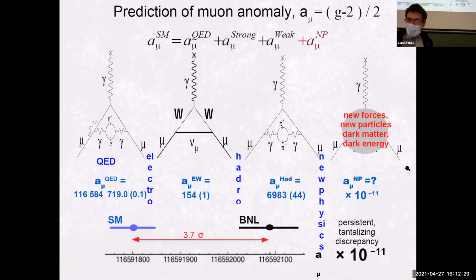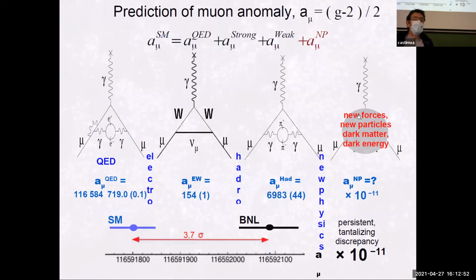And then right over here on the right is the fact that, well, look, this is all the stuff we know about. Every particle we know about, every particle in what they call the standard model is contributing to the magnetism of the muon to some extent, greater or lesser. So every particle in the standard model is contributing.